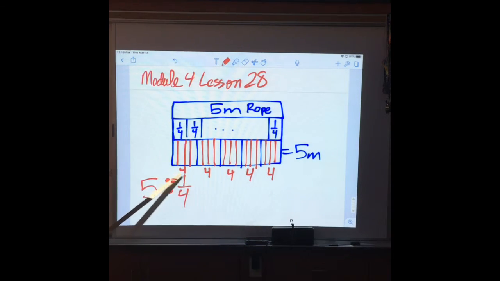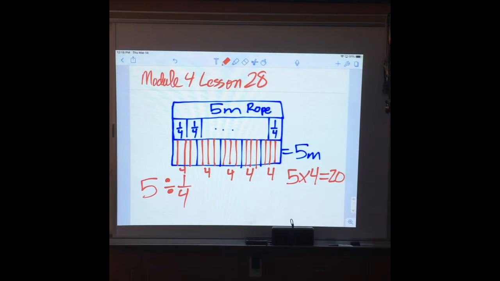So I have how many fours? 1, 2, 3, 4, 5. I have 5 fours, 20. So far, so good? Makes sense? So I have 20 fourths, don't I?